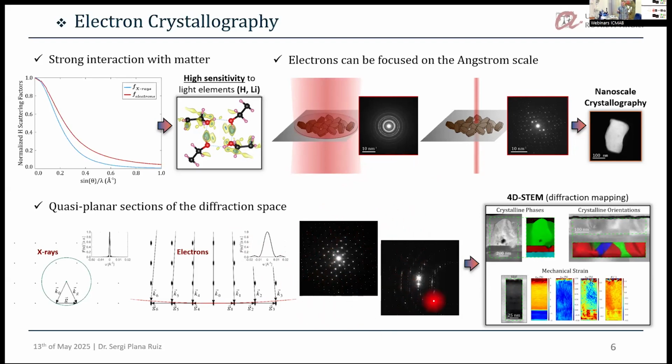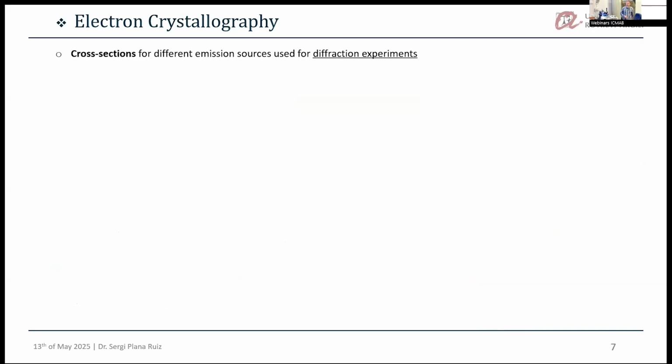While if we tilt a bit, of course, we will have more Laue zones in the pattern. But this is also very interesting for STEM, because with this kind of patterns we can understand the crystallographic configuration of an area on systems that contain different phases. So we will see some examples of this as well.